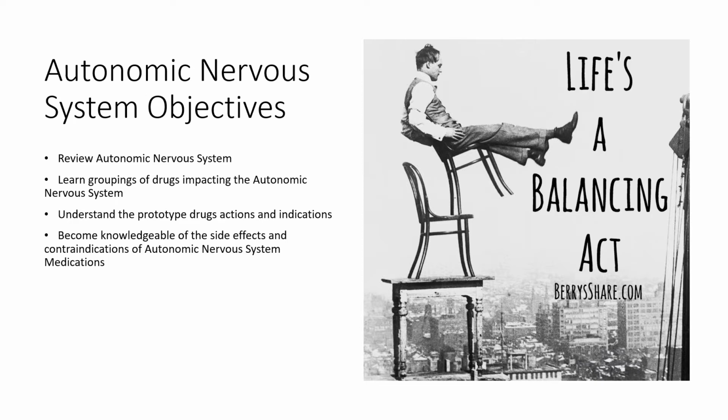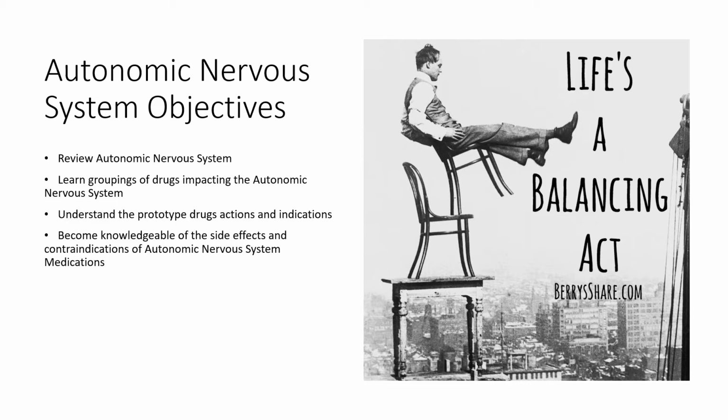Okay, so this second slide, life's a balancing act, that definitely applies to the autonomic nervous system, the back and forth between the sympathetic and parasympathetic system that are constantly adjusting many of your vital signs, many of the parameters that you're just not aware of from second to second, such as your heart rate, your blood pressure, how dilated your pupils are, what your digestive tract is doing, all those things that the autonomic nervous system is taking care of.